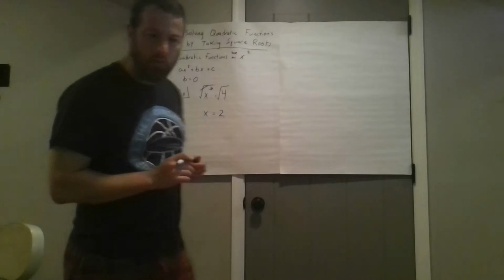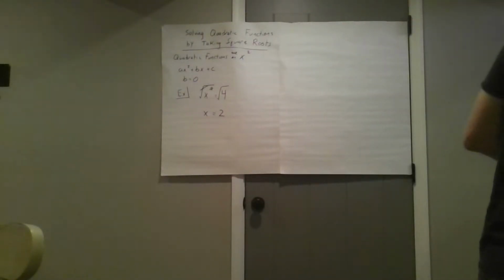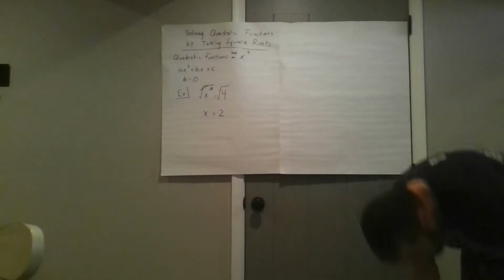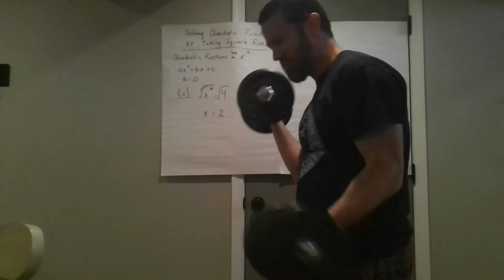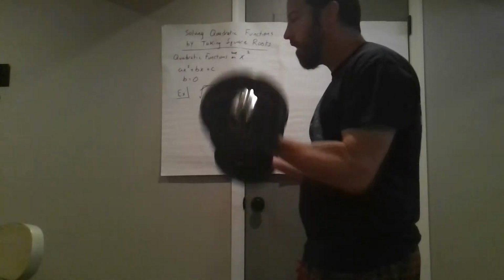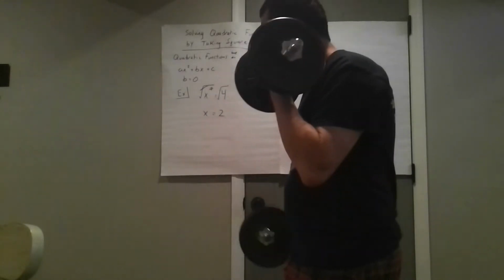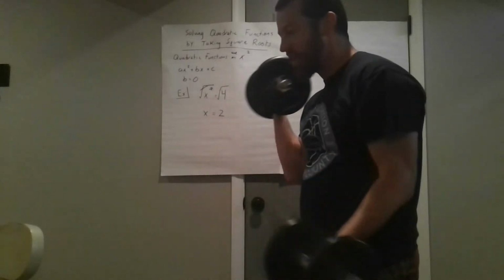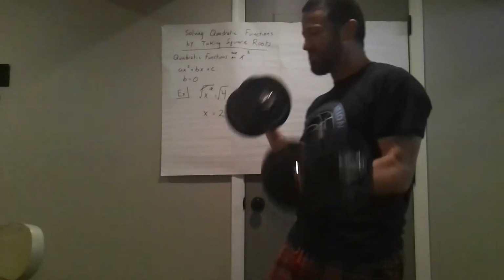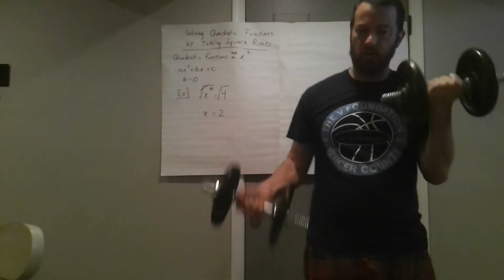Now, the weird thing about these type of problems is we don't actually only have one answer here. There's actually going to be two, because there's not only one number that when you multiply it by itself, it equals 4.